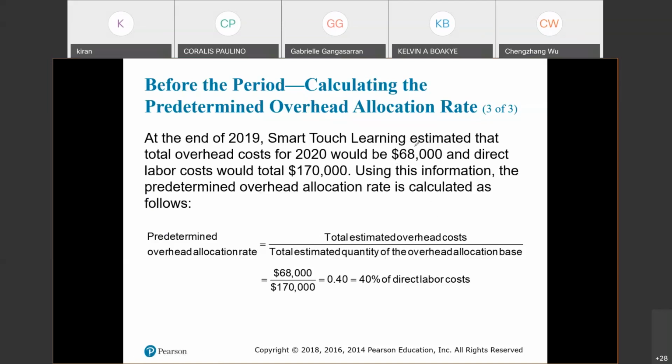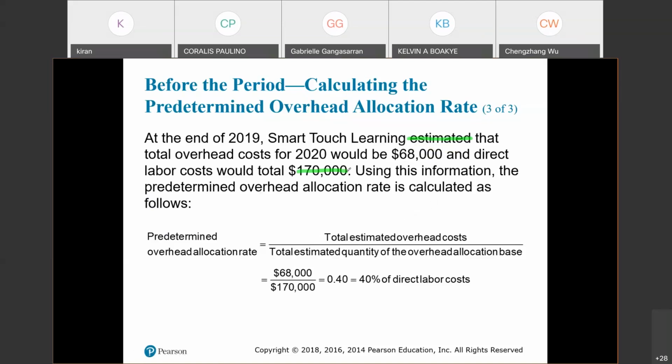As you can see, it is an estimated amount. An estimated overhead is $68,000, and direct labor costs would total $170,000.